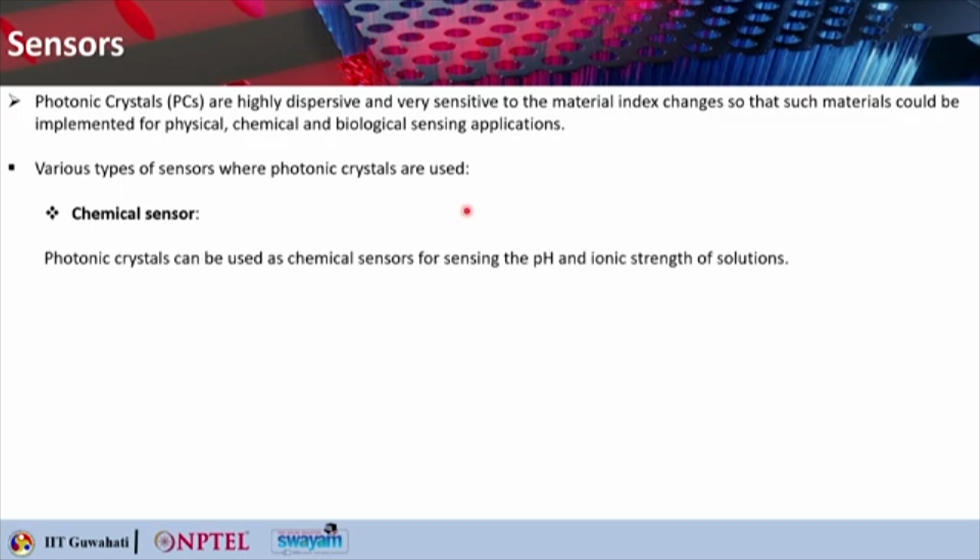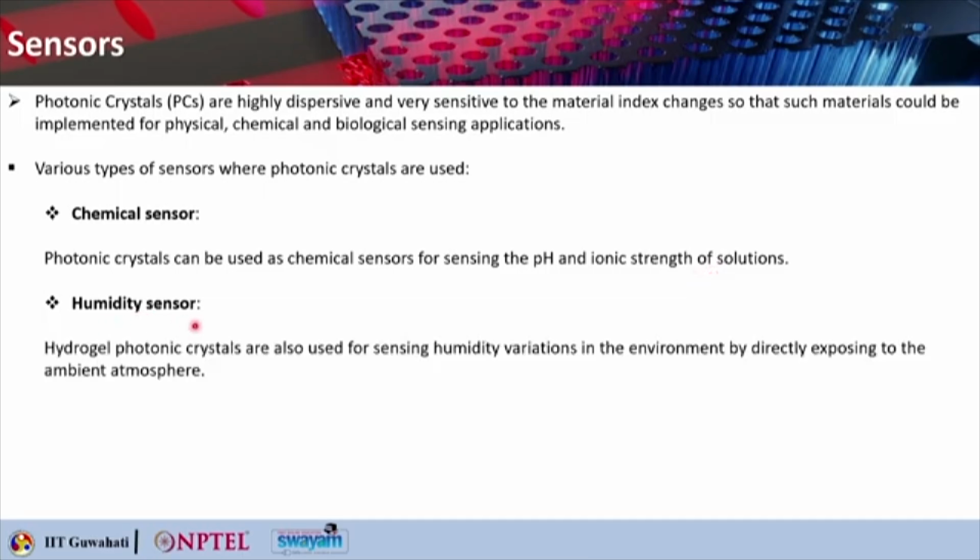So photonic crystals can be used as chemical sensors for sensing the pH and the ionic strength of solutions. They can be used as humidity sensors. So in humidity sensors you require hydrogel photonic crystals, okay, which are used for sensing humidity variation in the environment by directly exposing those to the ambient atmosphere.